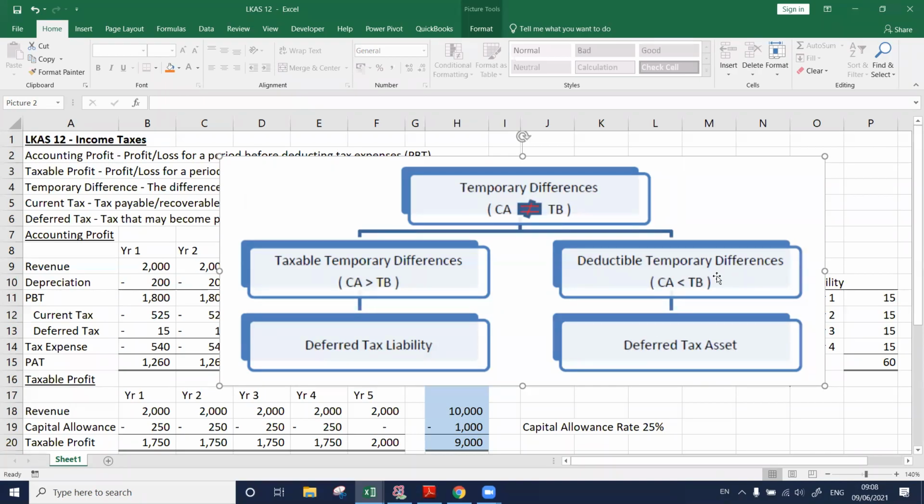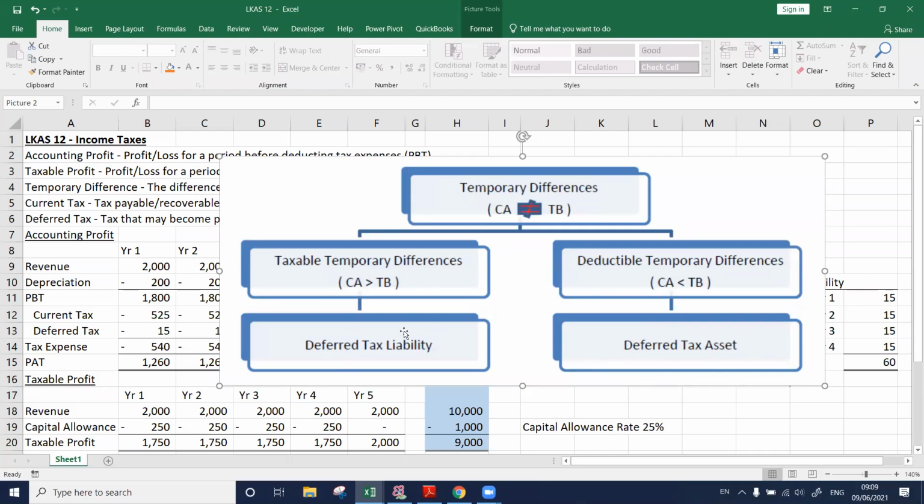Amount of income taxes recoverable in future in respect of deductible temporary differences. I'll repeat it again. Those are deferred tax asset.